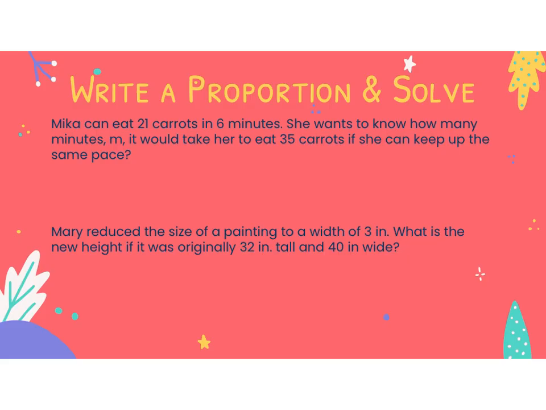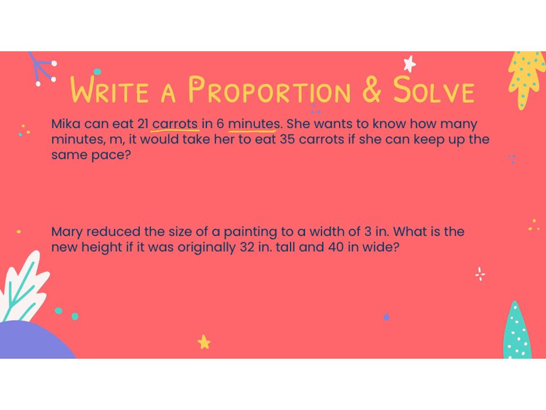The third type of question you will see on your test today are word problem questions. For these questions, we will first need to write a unit fraction, our fraction with our words. So for our first problem, we see Micah can eat 21 carrots in 6 minutes. Our 2 units are carrots and minutes.